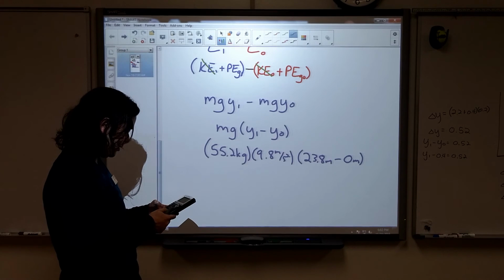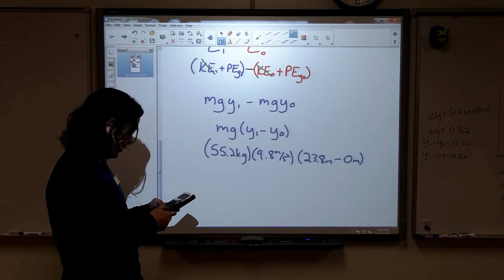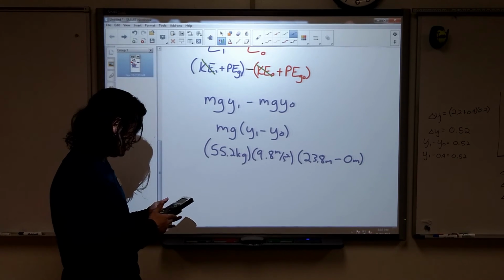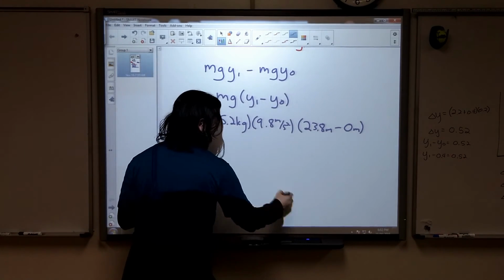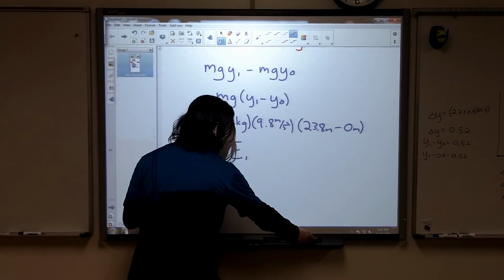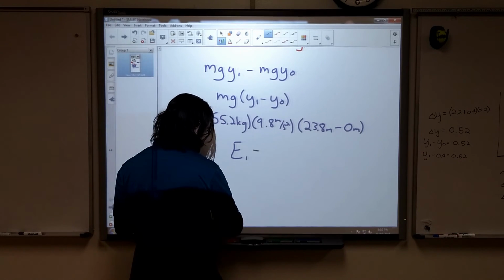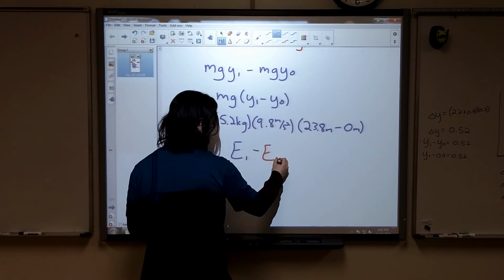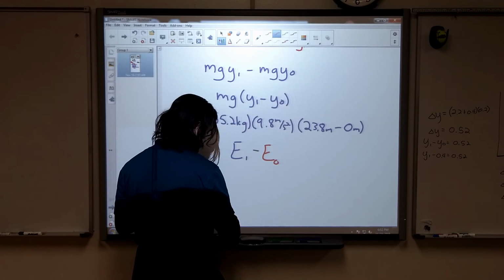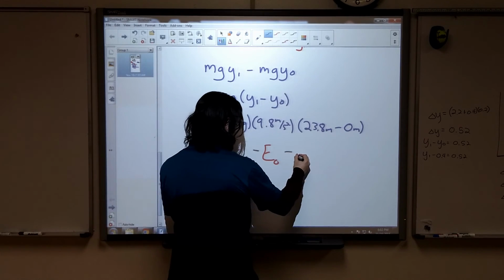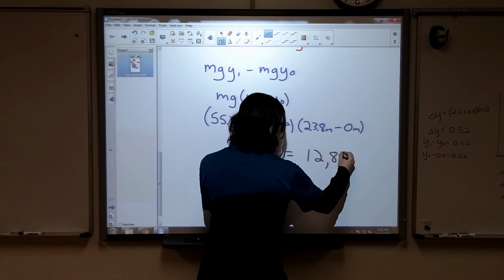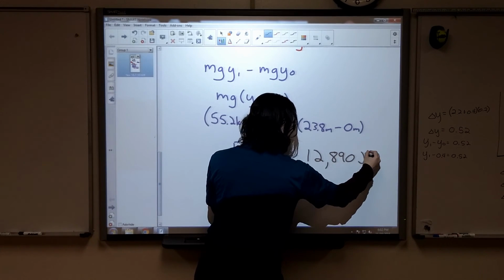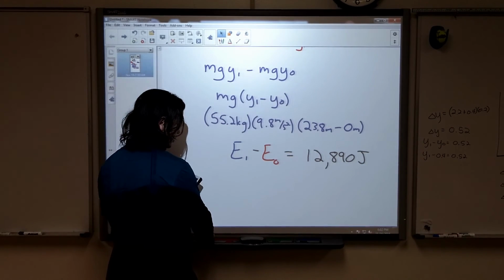Okay, so I multiply these out times 9.81 times 55.2. When I do all of this together, I find that my E final minus E initial, which is what we found here, is equal to 12,890 joules to 4 significant figures.